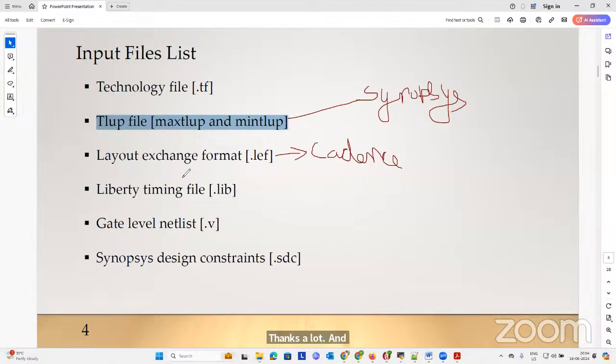There are also some files which have moderate area, moderate power, and moderate timing. Whichever files we need to use, we will select from TLUP files in the case of Synopsys. In the case of Cadence, we will use .lib files.